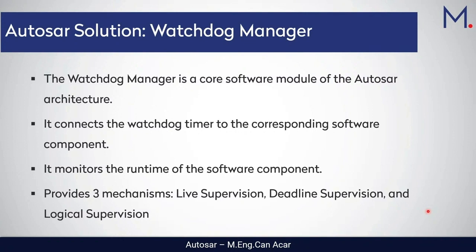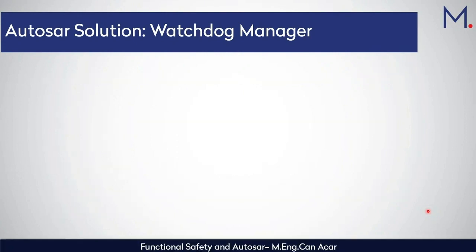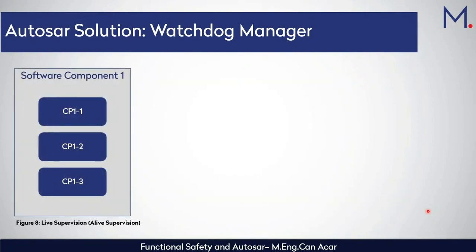Watchdog Manager provides three surveillance mechanisms: live supervision, deadline supervision, and logical supervision. All types of surveillance use checkpoints. They are called checkpoints. By assigning a checkpoint, which has a reporting function, to the monitored unit, the watchdog can control the operating frequency of this unit.